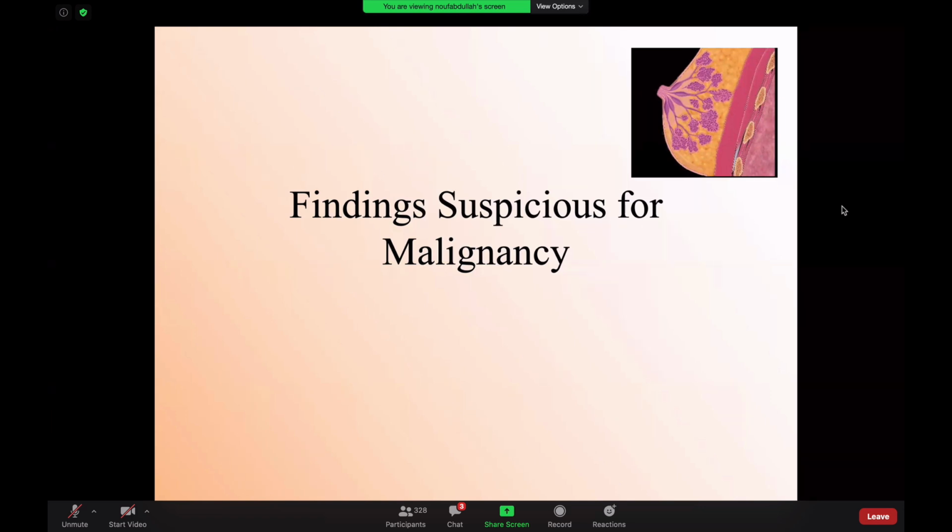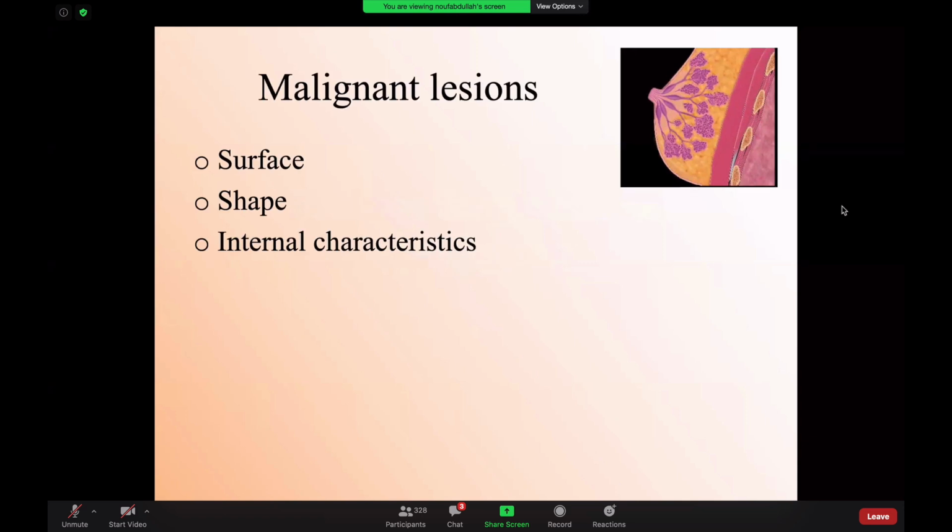Am I dealing with something that I can be 100% sure is BI-RADS 2? If I can't answer that question, then I will ask myself, am I dealing with something that I would call BI-RADS 3? If it doesn't fit, then it means that I'm dealing with something that is BI-RADS 4, suspicious for malignancy. So you need to know what are the features of malignant lesion on ultrasound.